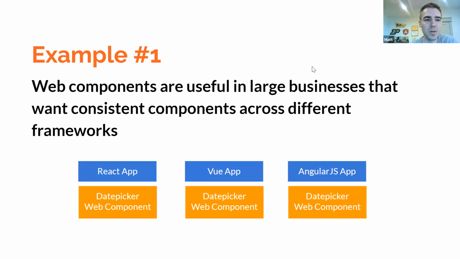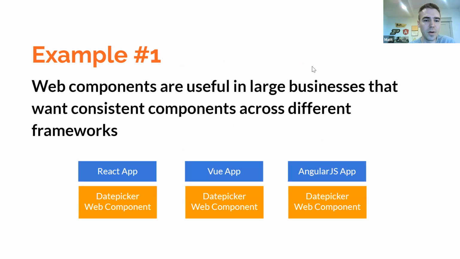So an example of where you might use an Angular element or a web component is if you're a large company and you might have 3 different teams. One team might use React, one might use Vue, one might use Angular or AngularJS, and you might want to standardize on some sort of a component like a date picker, an autocomplete, and you don't want to always be updating 3 different ones in series.